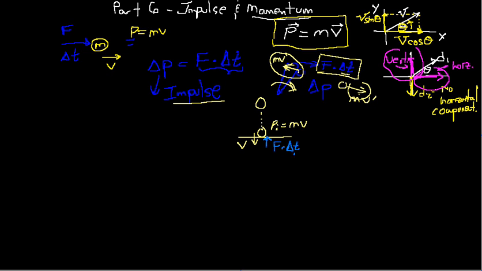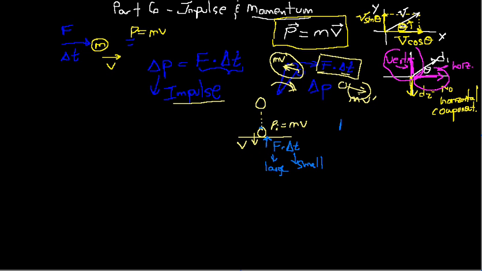So if the time interval is small, the force acting up on the egg is very large, and that changed the momentum from some initial value of mass times velocity, whatever this velocity was here, to 0.